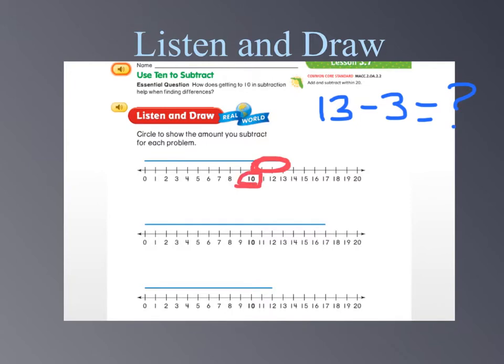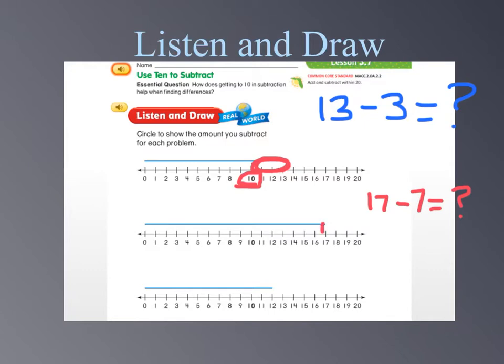Now listen to the following problem. Diane has 17 crayons. She gives 7 crayons to Anthony. How many crayons does Diane have left now? So let's show this on a number line.